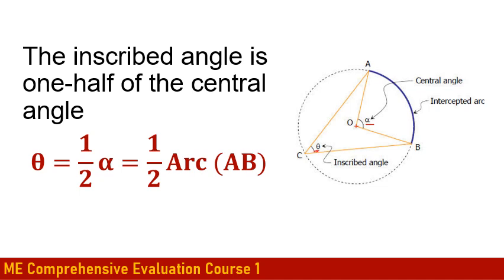And we know that this central angle is also equal to the arc AB. So if you're given, for example, the length of this arc, then you can determine the central angle, and eventually you can get the inscribed angle. So you can use any of these relationships to play around and get the unknown value.